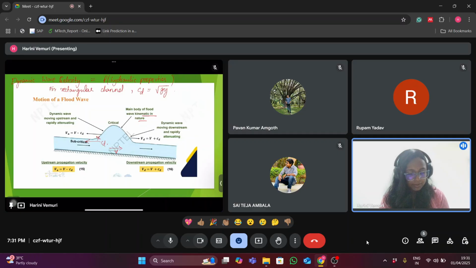The flood wave moves downstream with the dynamic wave celerity Cd, and the flow is also in the downstream direction, so the downstream propagation velocity will be V plus Cd. The main body is kinematic in nature, but the dynamic waves moving downstream and upstream are rapidly attenuating.